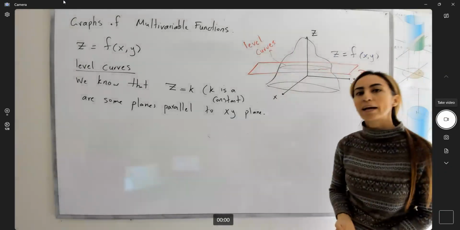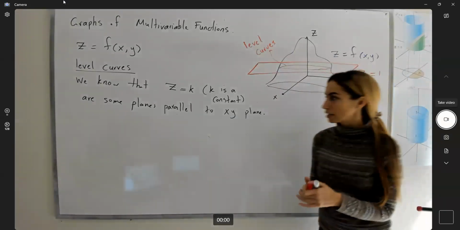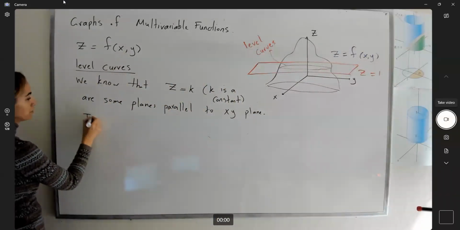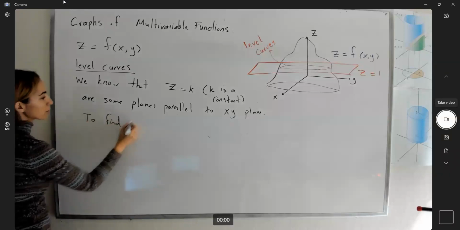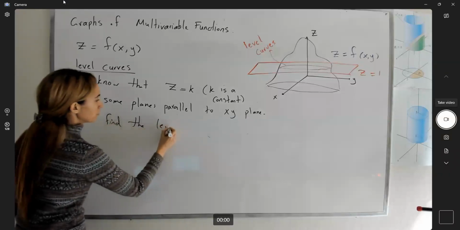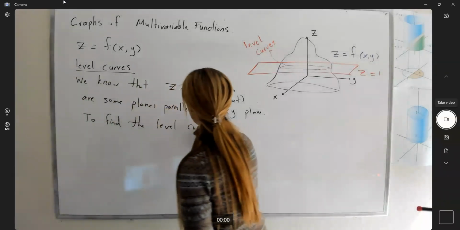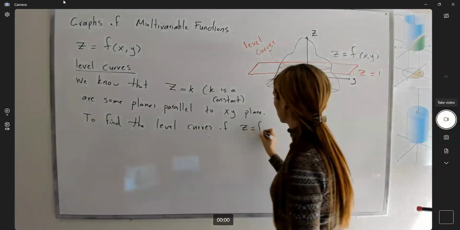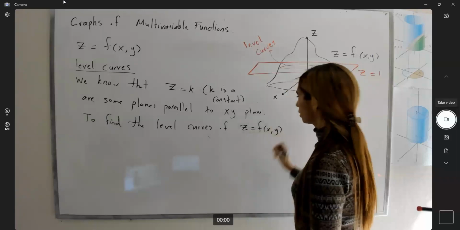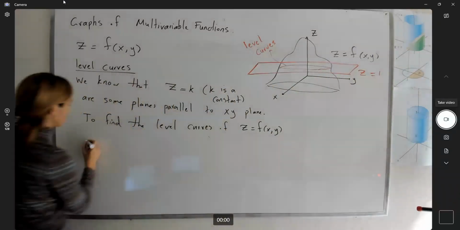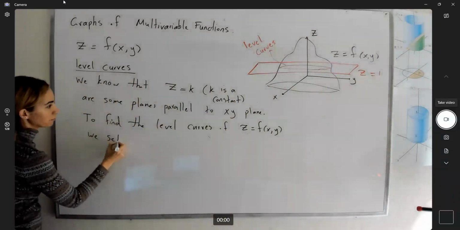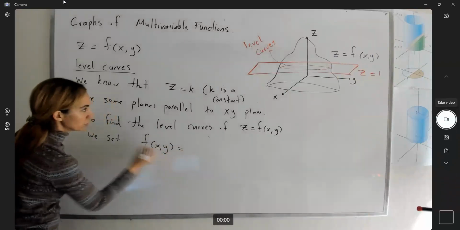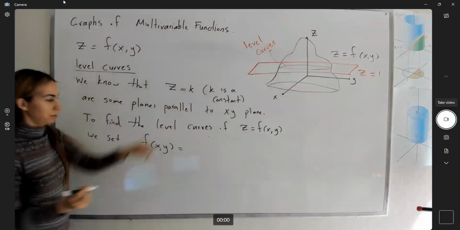But how do we actually get those level curves? To find the level curves of z equals f of x and y, we set f of x and y equal to the constant k.